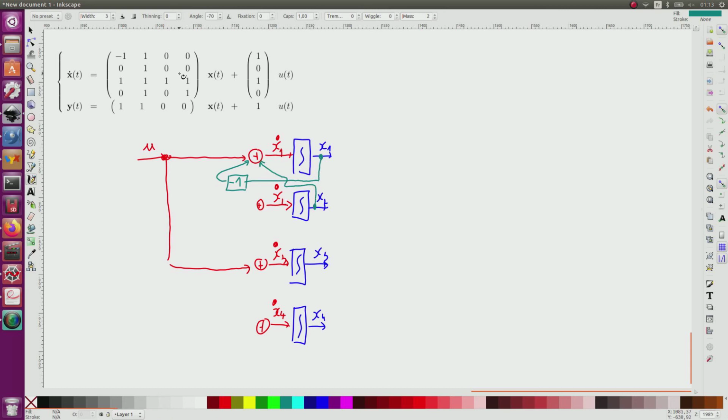Here for x2 I have this, for x dot 3 all states are here can reach plus, so here I will put a plus this one.